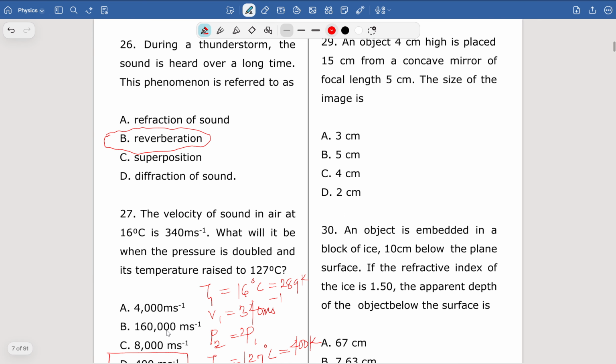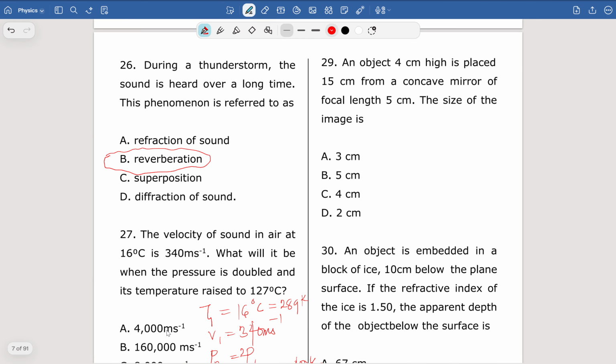29. So an object 4 centimeter high is placed 15 centimeter from a concave mirror of focal length 5 centimeters. So the size of the image is, so you can see this is coming from mirror in physics, because concave mirror was mentioned.